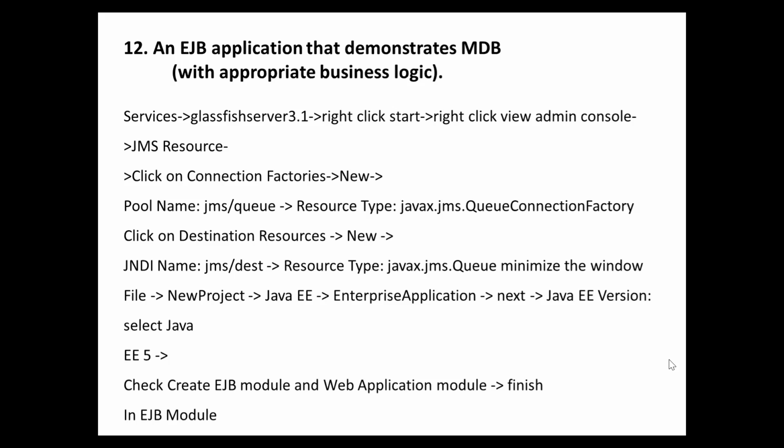Once the resource type and the JNDI are done, minimize that window, go to File, take New Project, select Java EE enterprise, and for the Java EE version select EE 5. Then check create the EJB module and the web application module, and finish.